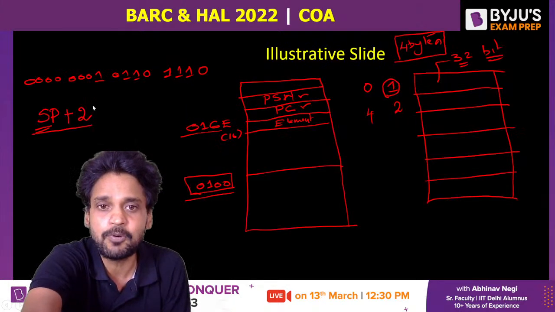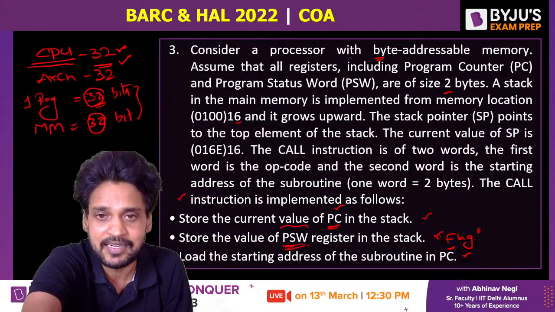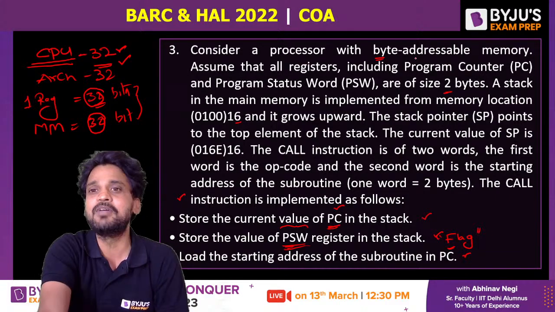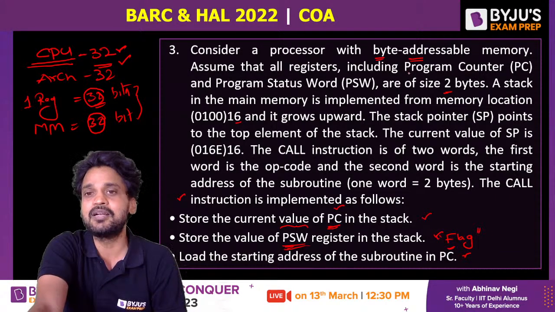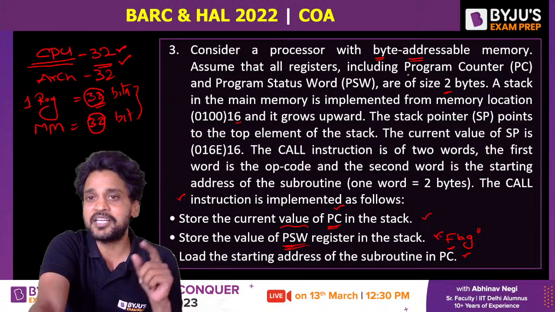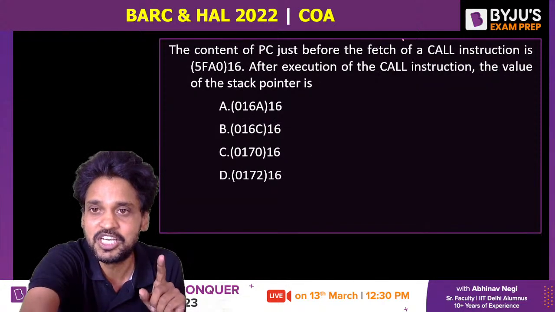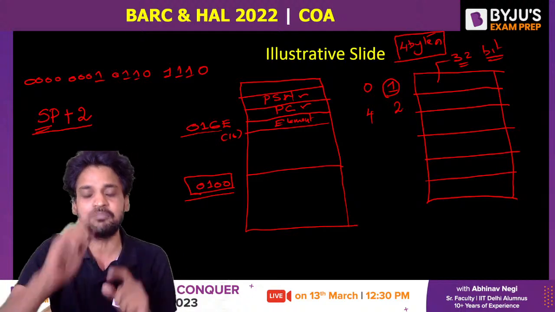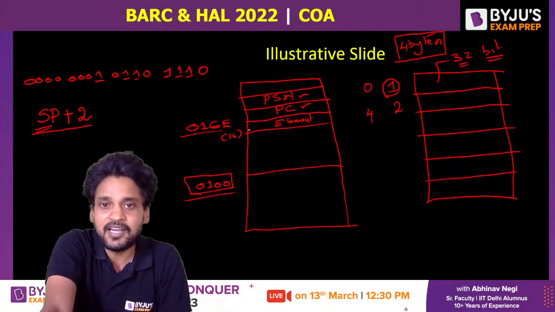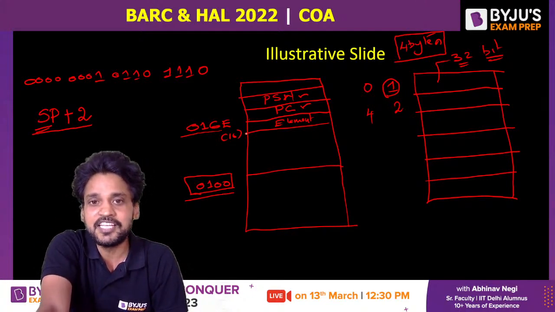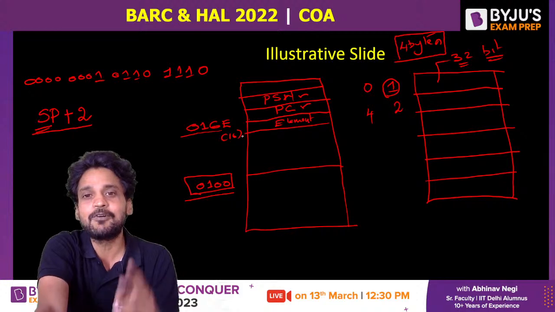But here we are also provided with an important detail that it is byte addressable memory. What is byte addressable memory? Every byte will be given an address, and one word as given in the question is equal to 16 bits. So every time in the memory, the displacement will be equal to 2.